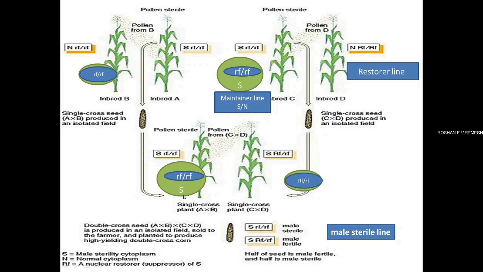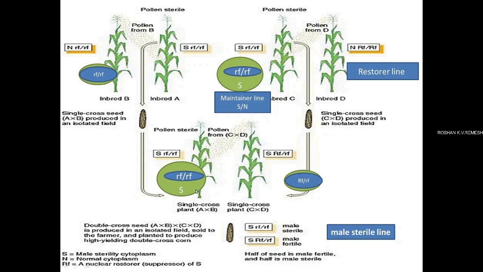This is the constitution of the egg: it has sterile cytoplasm, and both of its nuclear genes are homozygous recessive. And the pollen has heterozygous RF alleles, but it doesn't contribute any cytoplasmic content because it is pollen. Normally its cytoplasmic constitution is sterile, but we don't need to be concerned about it.